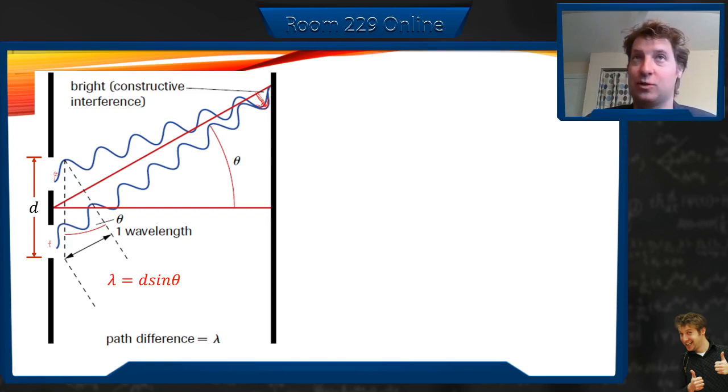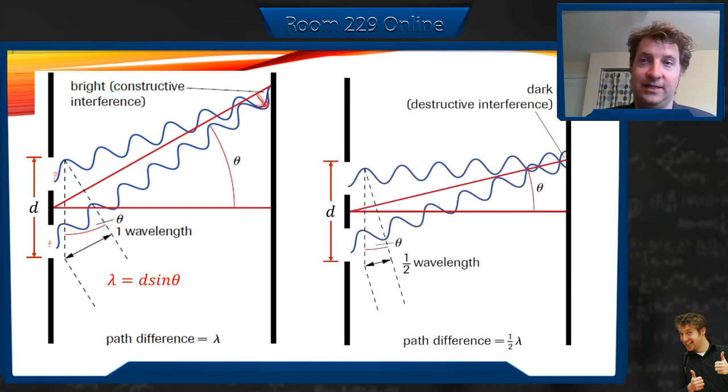Now it doesn't have to be just one; it can be 2, 3, 4, any multiple of lambda, so that the two waves are in phase. Same thing happens for a dark fringe. It's just that instead of it being a full wavelength, it has to be a half wavelength now.